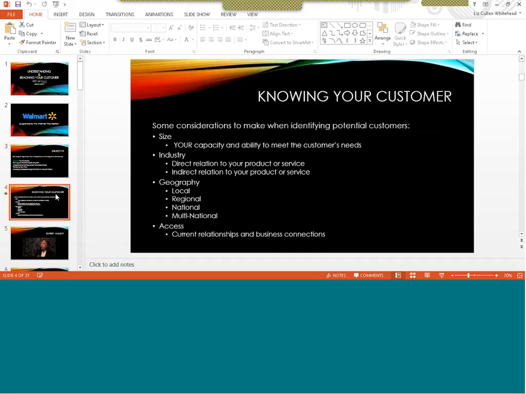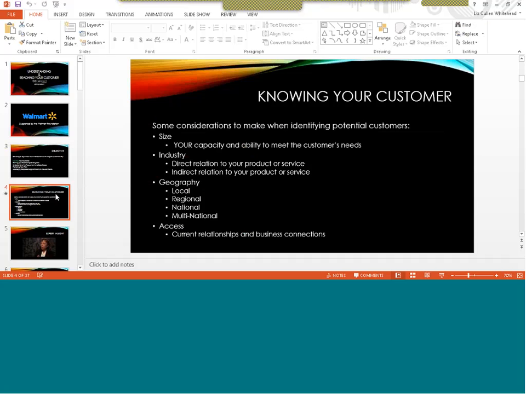So knowing your customer. The key things you want to consider are the size, not only the size of your customer, but your size and your capacity and ability to meet the customer's needs. The industry: does their industry have a direct relation to your product or service or an indirect relation?